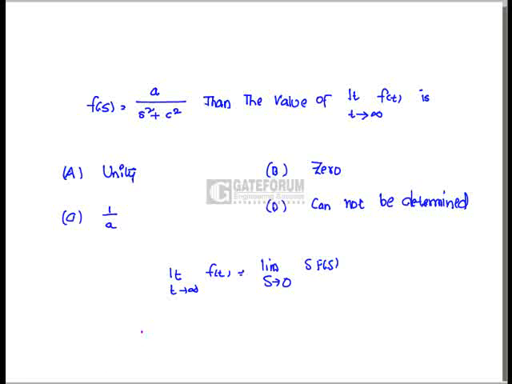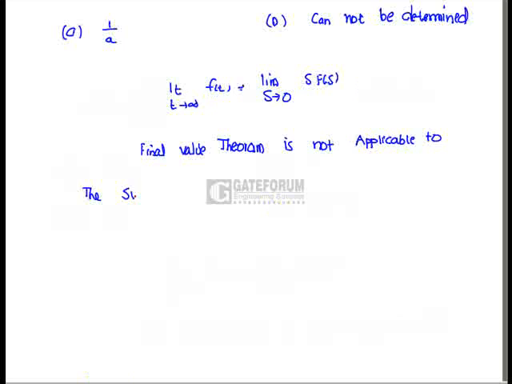That means final value theorem is not applicable to the systems whose poles lie on the j omega axis or right half of the S plane.